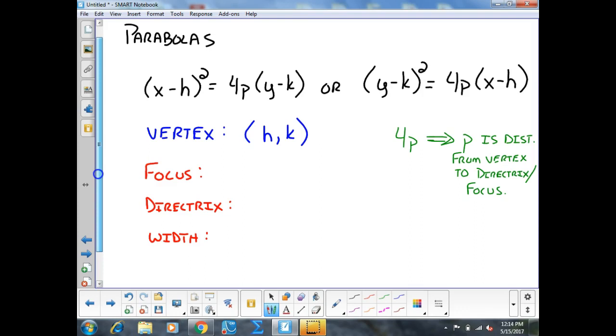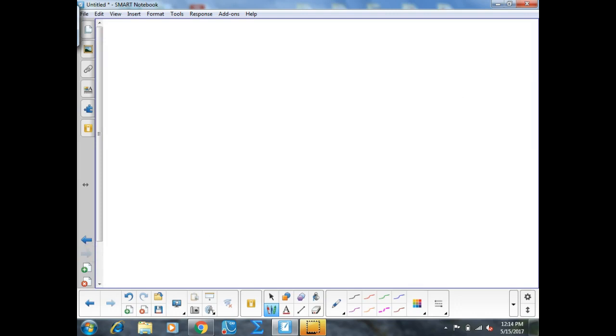Oh, axis of symmetry too. Can't forget axis of symmetry. Good with parabolas. Okay.